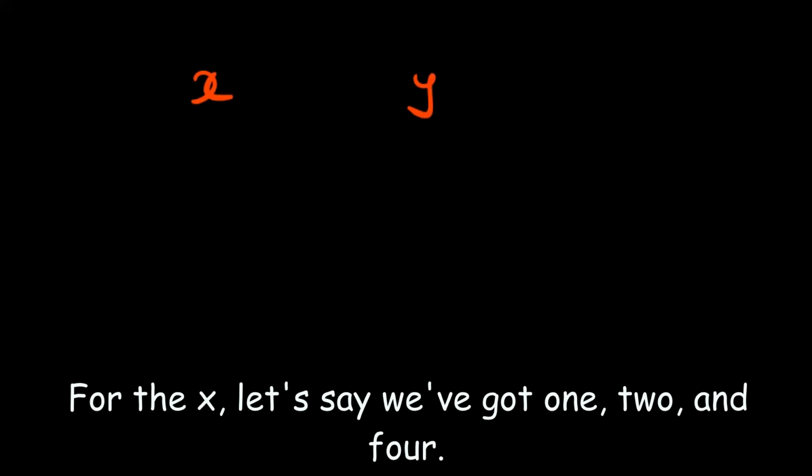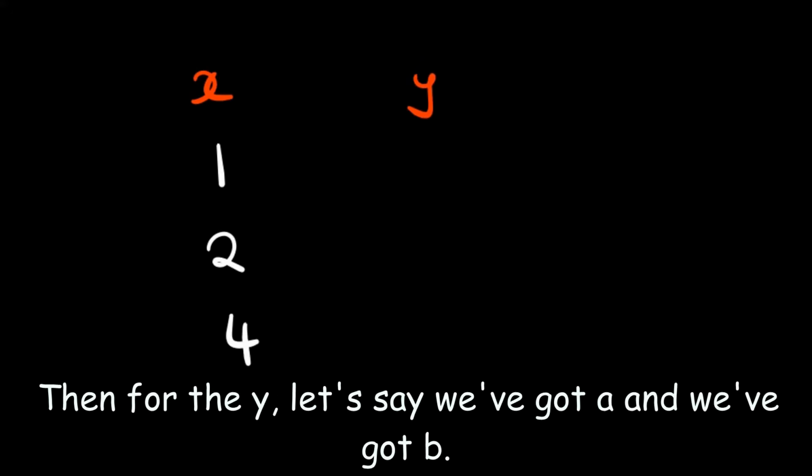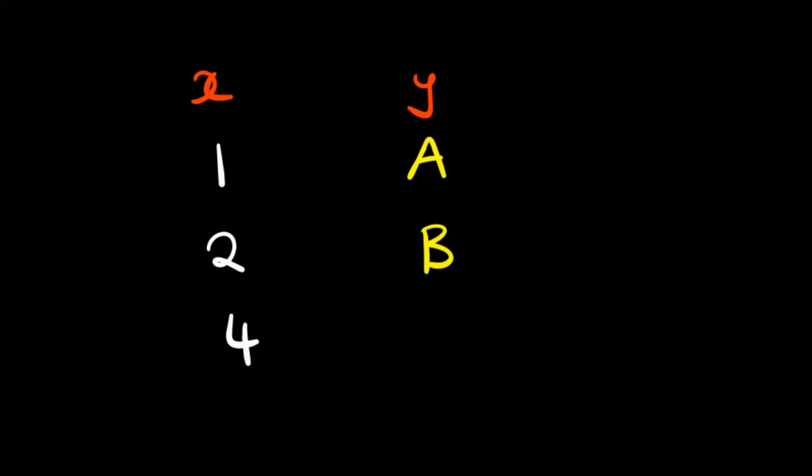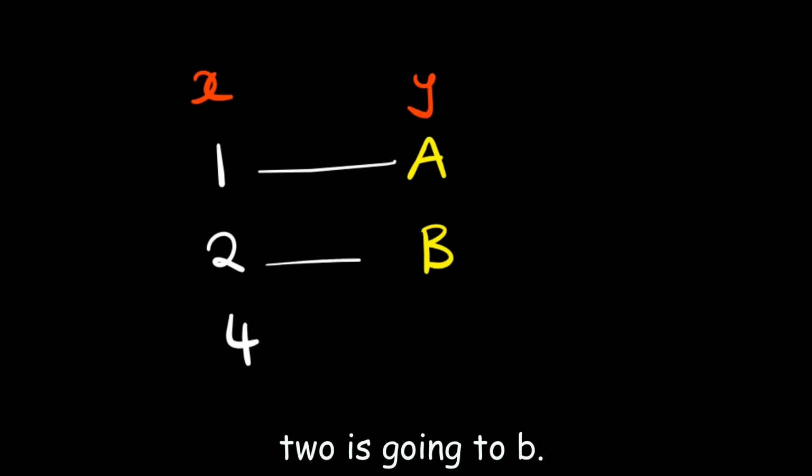Let's put another one. Let's say this is the x and this is the y. For the x, let's say we've got 1, 2, and 4. Then for the y, let's say we've got a and we've got b. Then the relationship between these ones is that 1 is going to a, 2 is going to b.